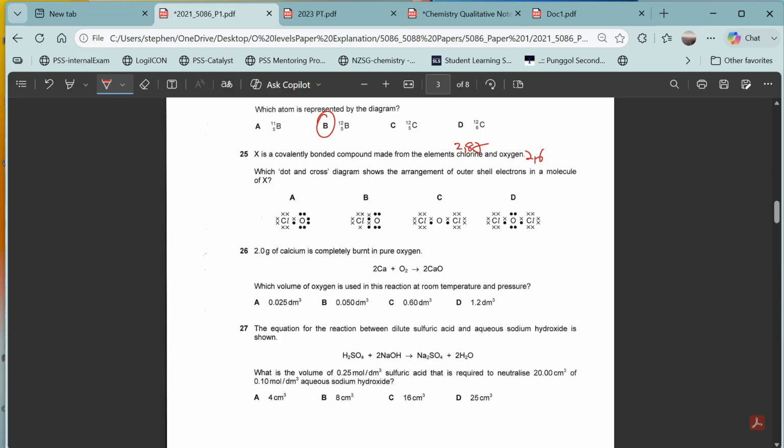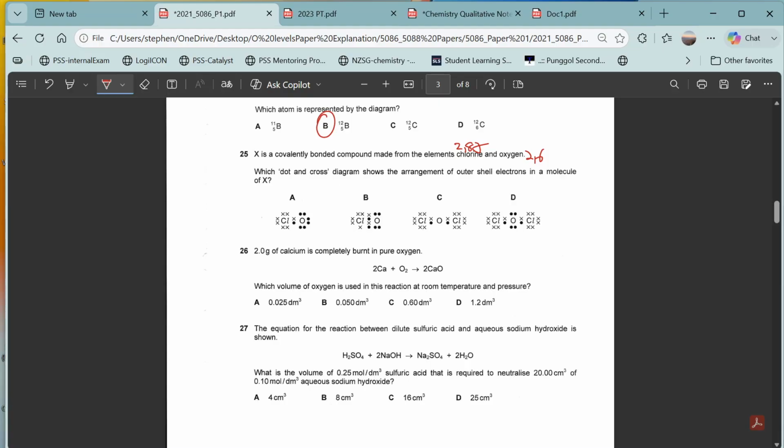Okay, so it is a combination between chlorine and oxygen, and because it's covalent bonded, that means no electrons are lost. So originally chlorine has 7 valence electrons, so after it's combined it must still have 7 electrons, right? No electron loss. Oxygen the same, 6.